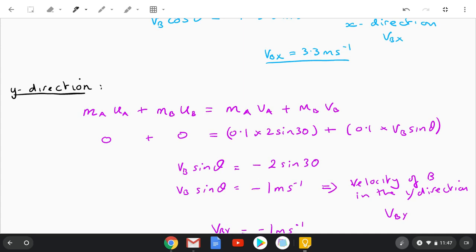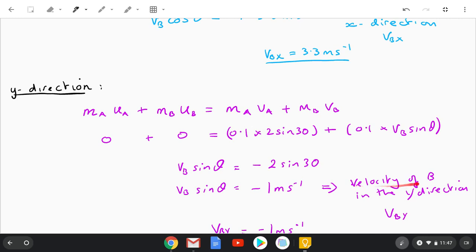That minus confirms that the velocity component is downwards. Considering y going upwards is positive, then going downwards is negative.